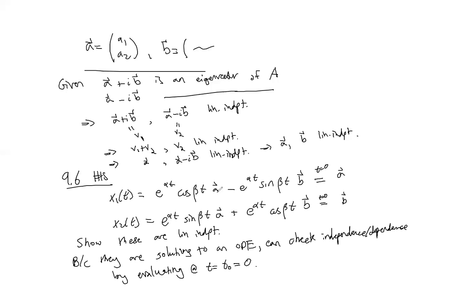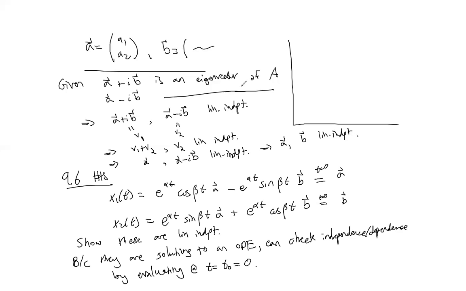Personally, what I would do is something similar. I would just rewrite x1 and x2 as complex exponentials. I'd go through the book in 9.6 and, instead of 4 and 5, I would look at equations 2 and 3, W1 and W2, and show that those are independent.